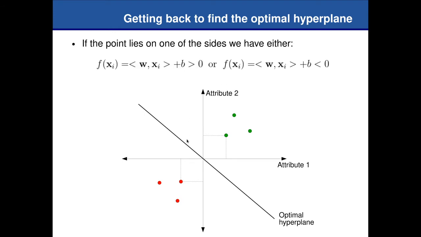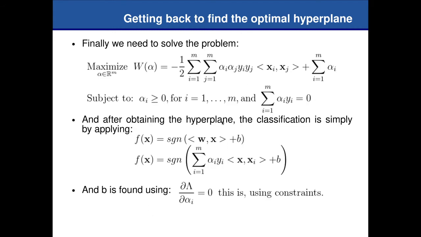Whenever a point is on the positive side, it is going to be greater than 0. And whenever a point is on the other side, the negative side, it is going to be smaller than 0. Just remember, okay? So this is the way we finally formulate our solution.